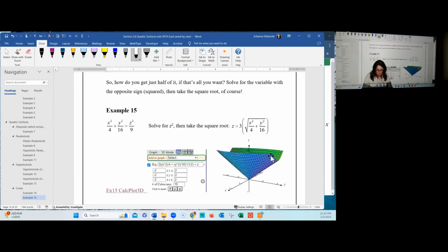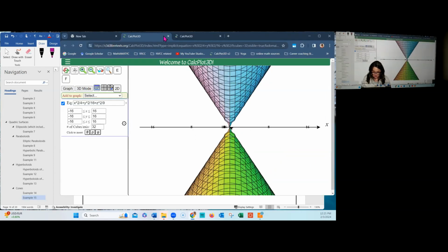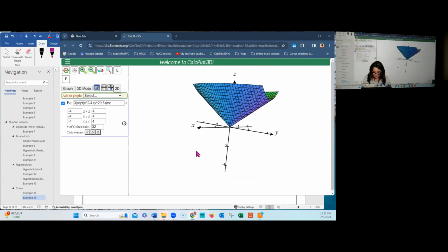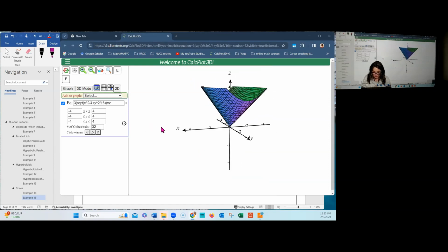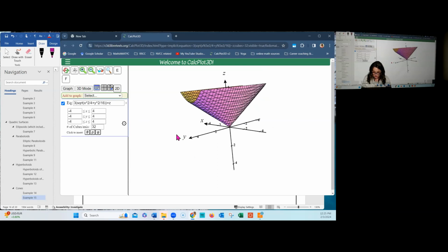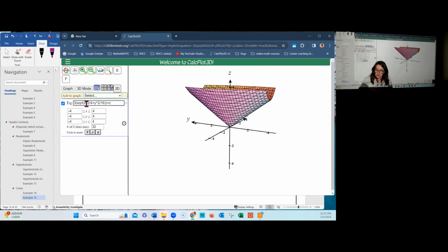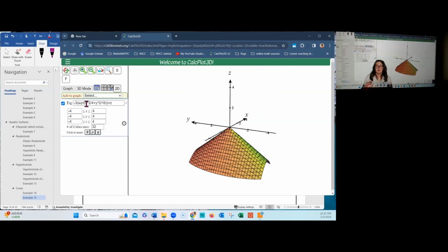And we can take a look at what this one looks like out here on CalcPlot 3D by closing up that screen. And you can see this one right here. And then if I wanted the one that opens down, what I need to do, and of course, CalcPlot 3D is not graphing all of it. That's why it's cut off a little bit at the edge. If I put a negative at the front and then I have to hit enter to get it to plot, you can see that it gives me the downward opening one.